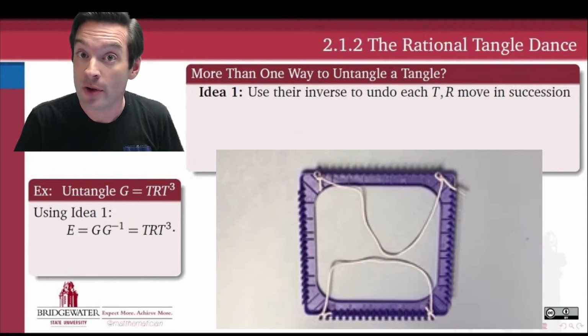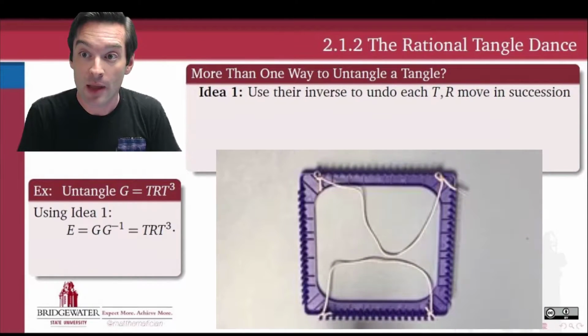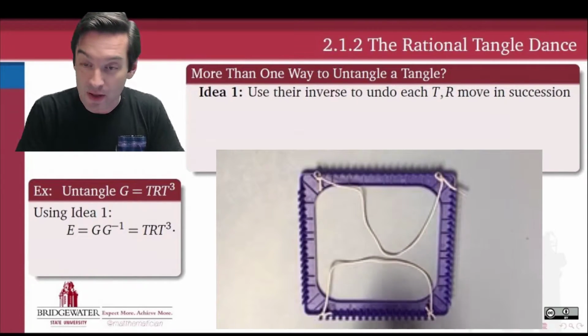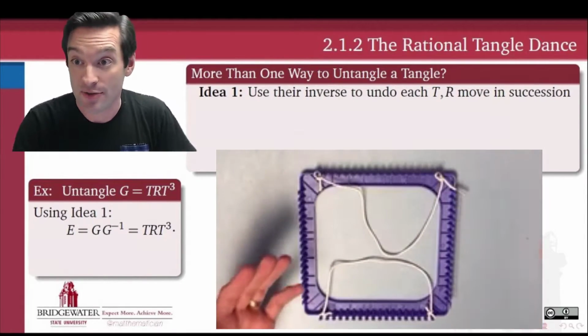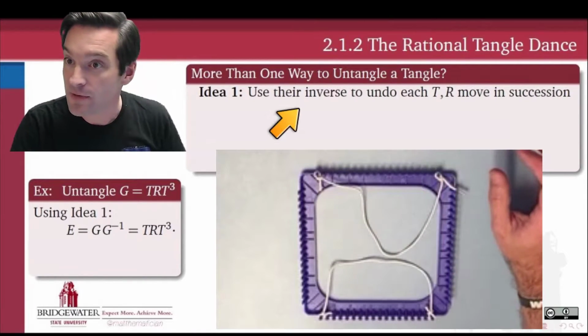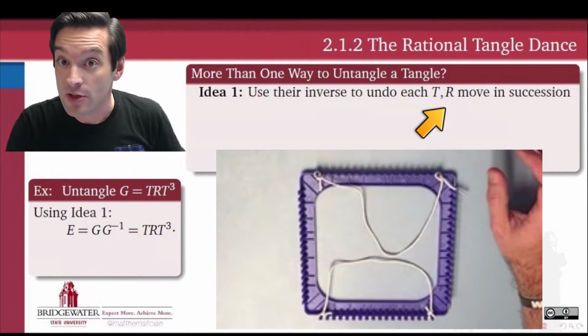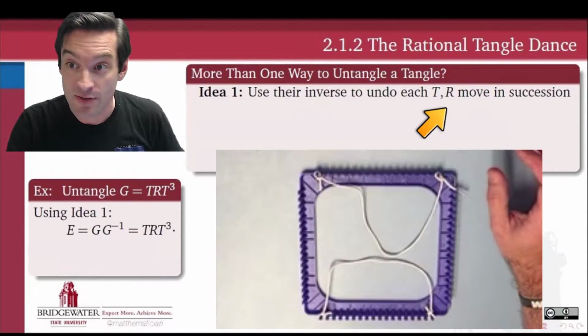We know how to undo a twist using more combinations of rotations and twists, right? So we can undo each one of our tangle moves. And fortunately for us, that means that we can untangle any tangle, that we at least have some process for doing so. We can untangle a tangle by using the inverses of each of those generators to undo each of the moves, each of the letters that make up our tangle word in succession.